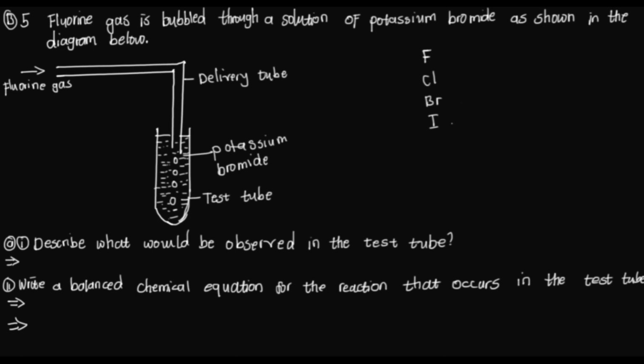So group 7 will say as you move up the group, the reactivity increases. So what it means is the element above is more reactive than the element below. So bromine is more reactive than iodine. Chlorine is more reactive than bromine and iodine. Then fluorine is more reactive than the three. Why? Because it is on top.